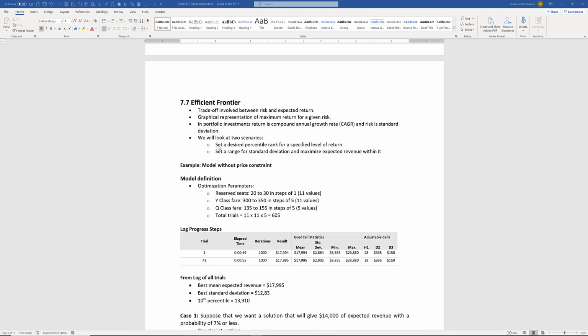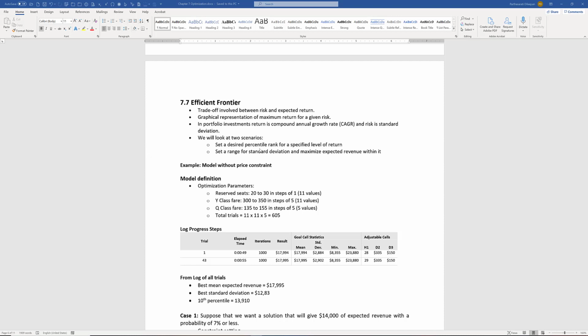Say, instead of 18,000, what if it is only 15,000? What is the probability that you'll end up with only 15,000? And is that probability big? If that probability is big, that's too much risk. If 15 or even 14,000 is an acceptable level of probability, then that may be something that you want to look at instead of looking at just the mean expected revenue.